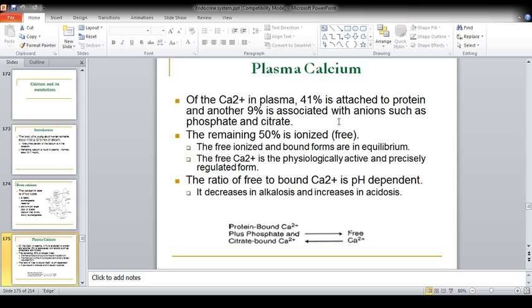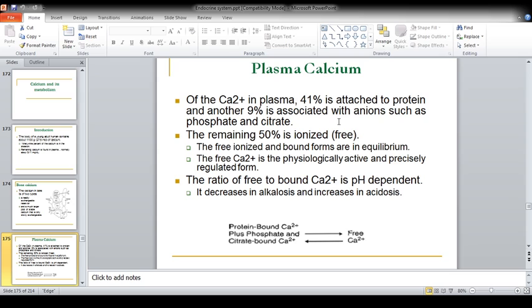So it is found in the form of calcium phosphate, calcium citrate, bisphosphate, etc. The remaining 50% calcium is ionized and circulates in the blood in its free form, that is Ca2+.